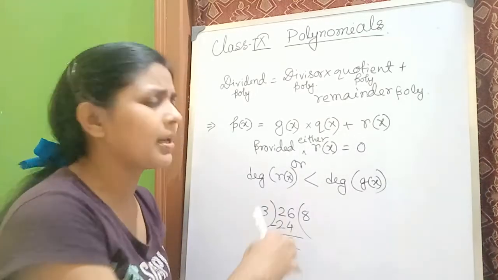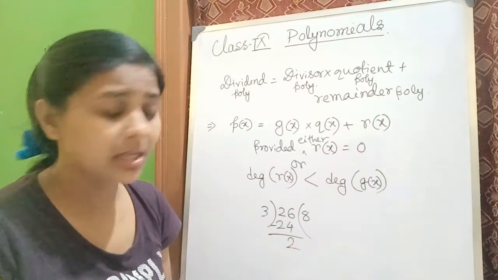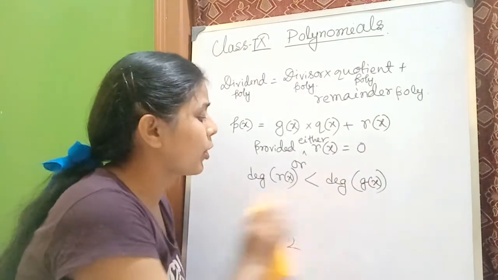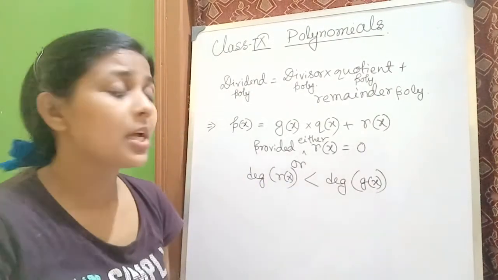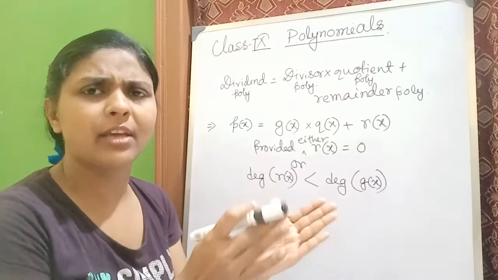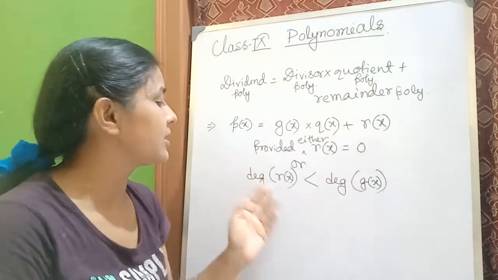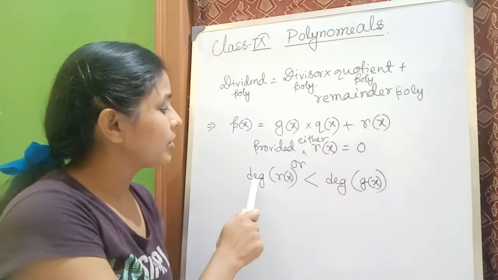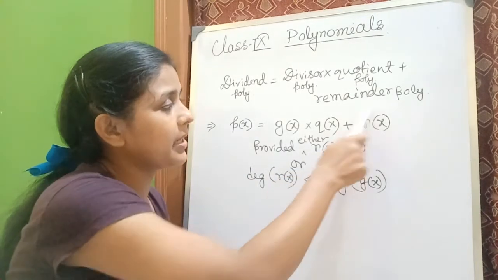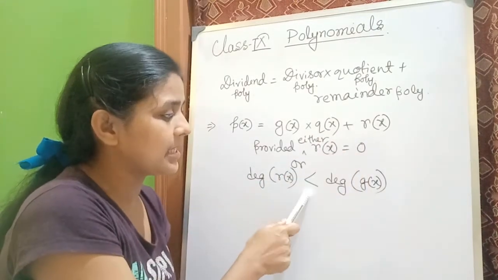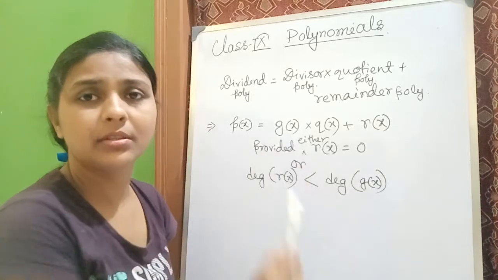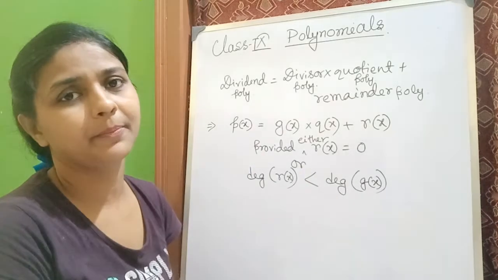This is for normal number division, but we are talking about polynomial division. So for polynomial division, the language will be a little bit different. What are the numbers? The numbers are its degrees. So the remainder's degree will be less than the divisor's degree.